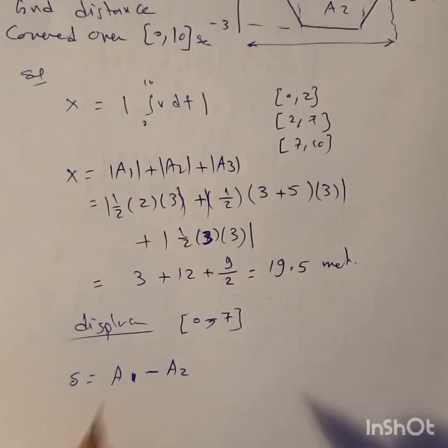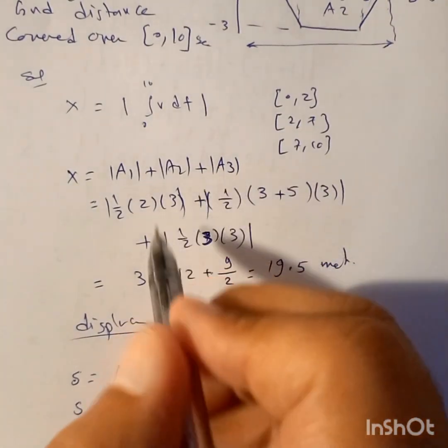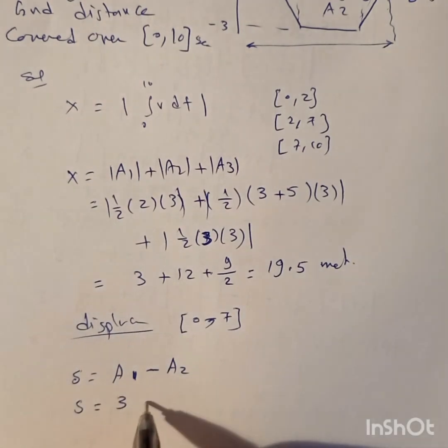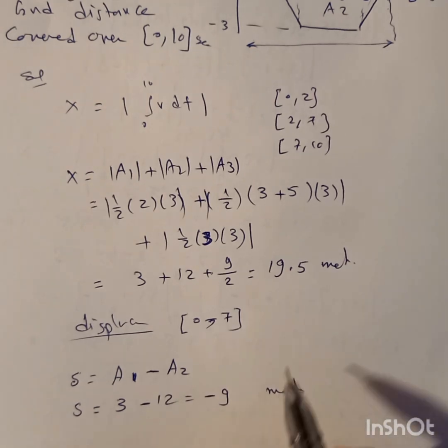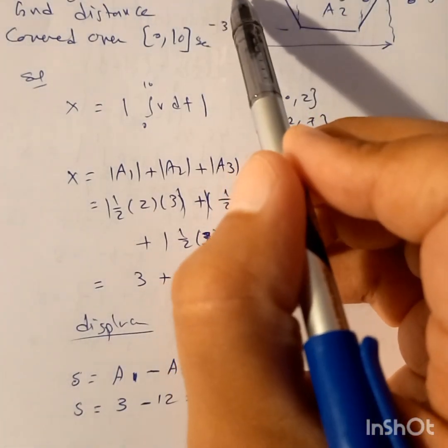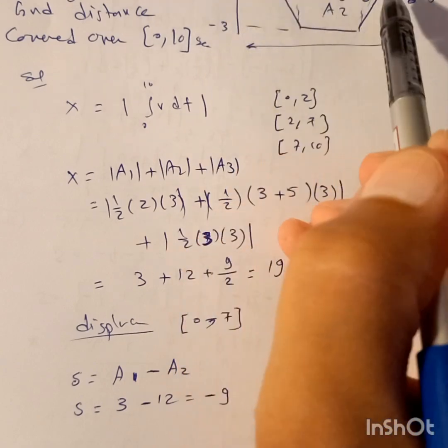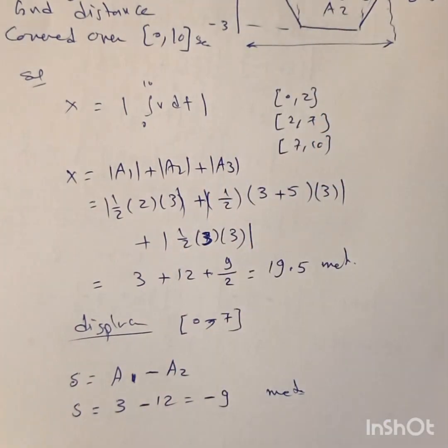Then we have displacement S equals A1, which is 3 positive, minus 12, then we have negative 9 meter. This is the displacement covered by the moving body during the time interval from 0 to 7 according to the VT relation.